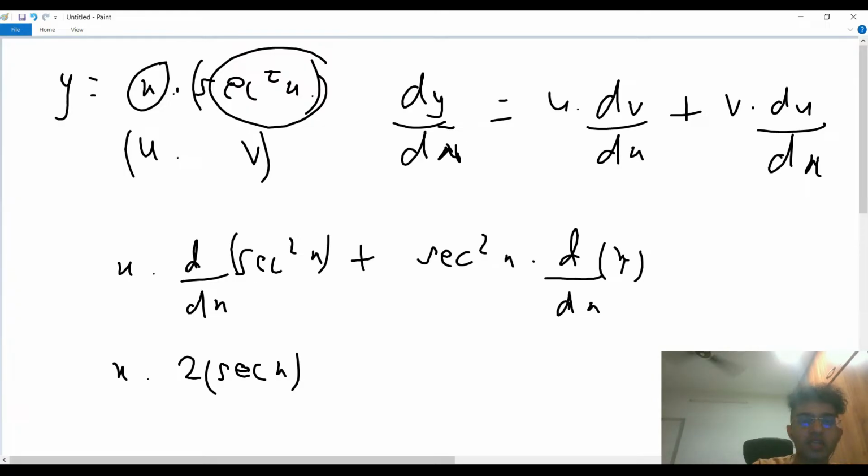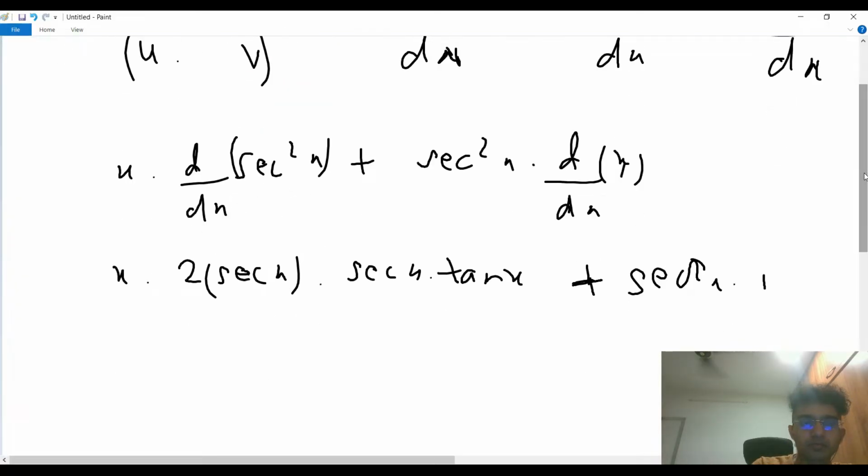This is your chain rule, f of g of x. 2 into sec x and then multiplied by derivative of sec x, which is sec x into tan x, right? And plus sec square x into d by dx of x is 1. So this becomes sec square x itself.